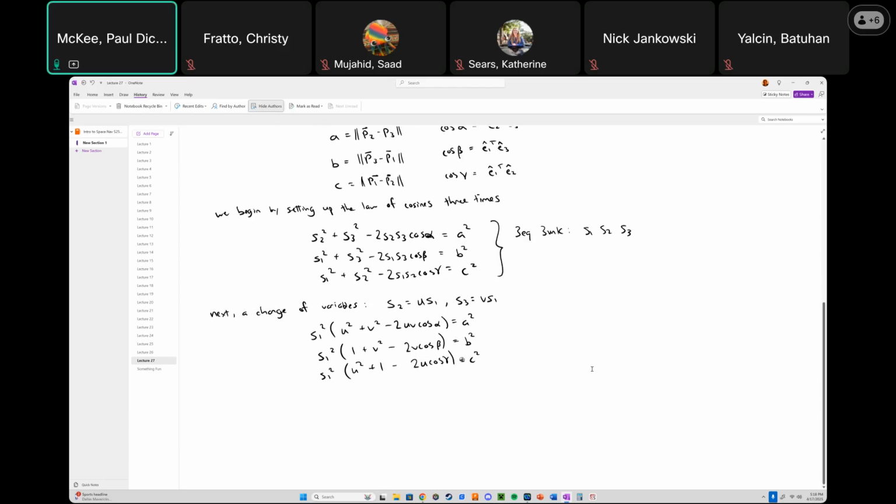And if we rearrange this, we get what? So you can imagine S1 squared is really A squared divided by the stuff in parentheses. Okay? So U squared plus V squared minus 2UV cosine alpha, but it is also B squared divided by 1 plus V squared minus 2V cosine beta, and it is also C squared over U squared plus 1 minus 2U cosine of gamma.